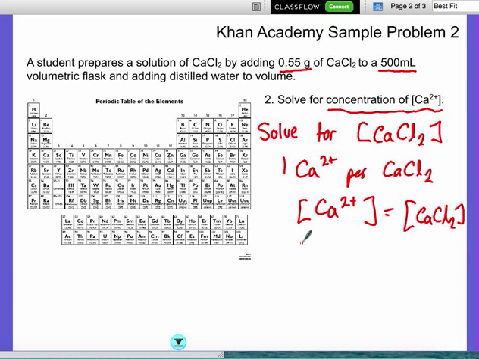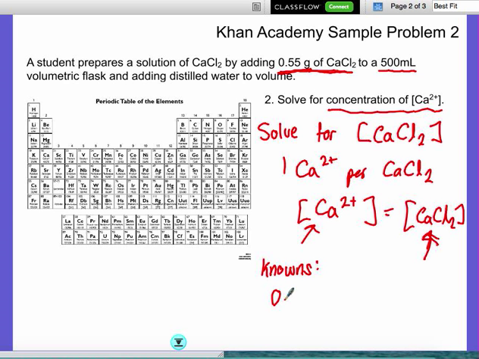So if we can solve for this, we can substitute in this. However, first we're going to need to know the concentration of this, because this is what we added to the flask.